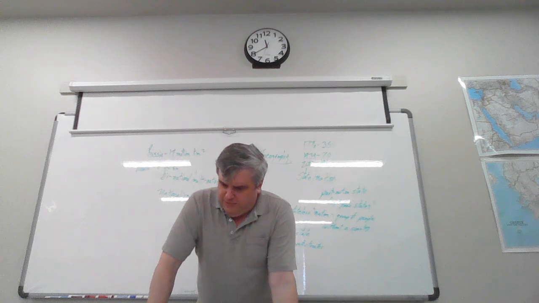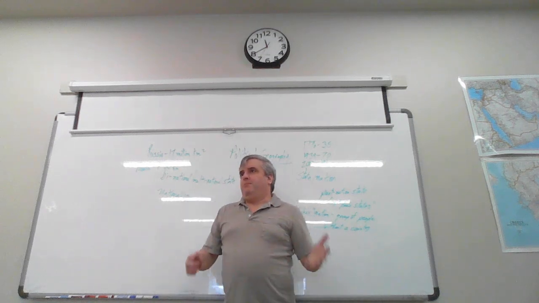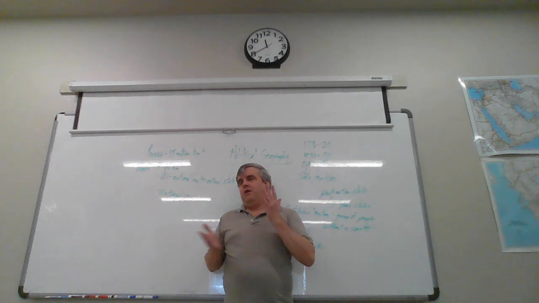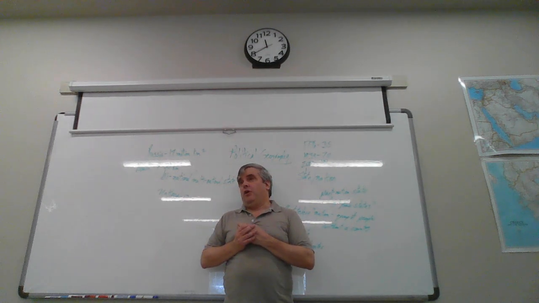But borders are defined in many different ways. It can be defined by the edge of a body of water, like a lake or an ocean or a river. Rivers make very good boundaries.